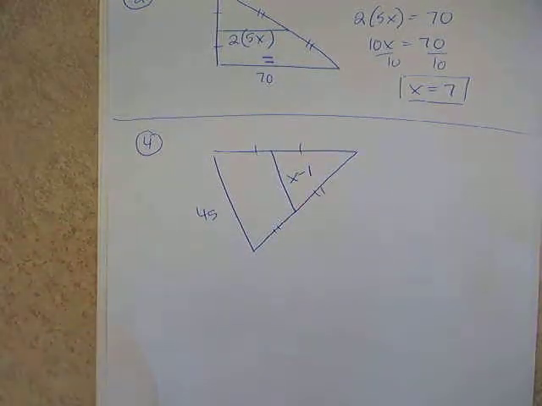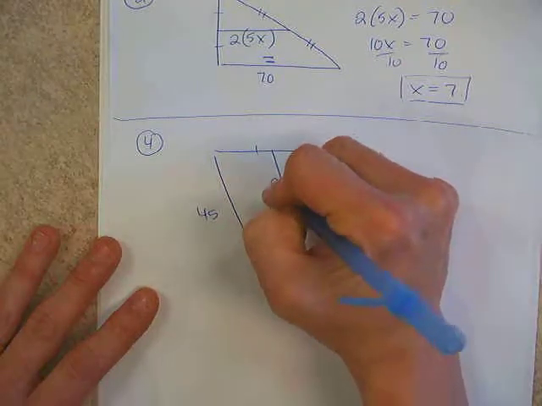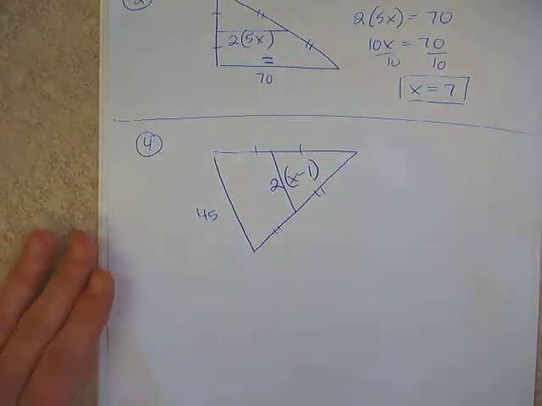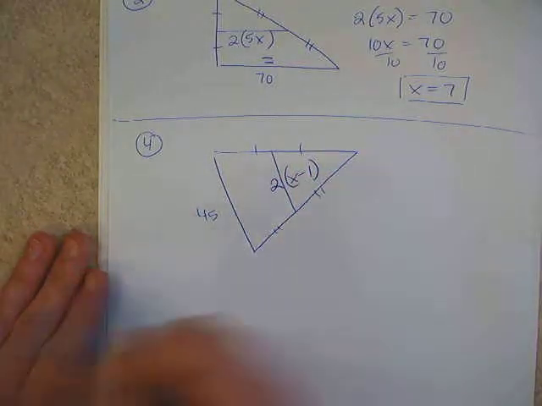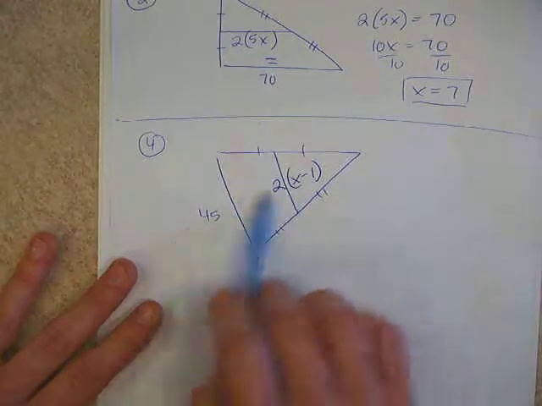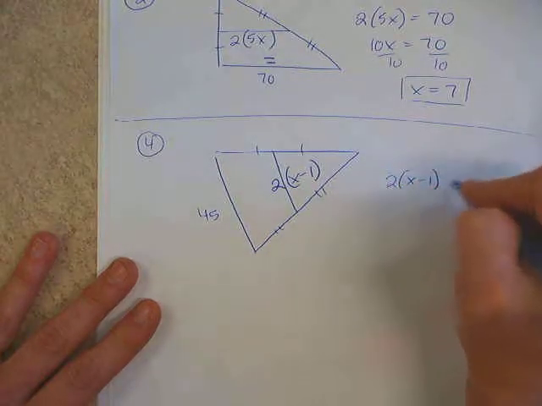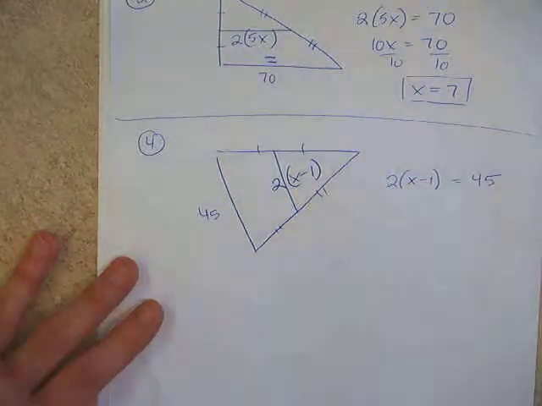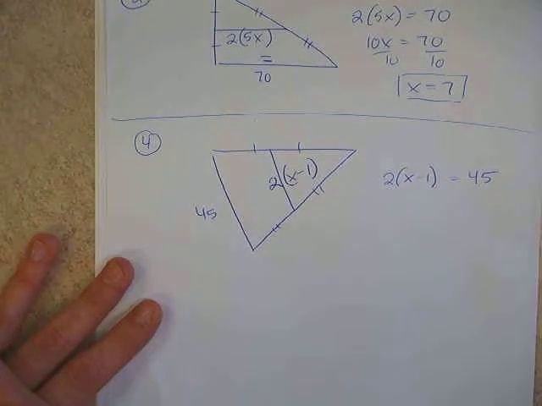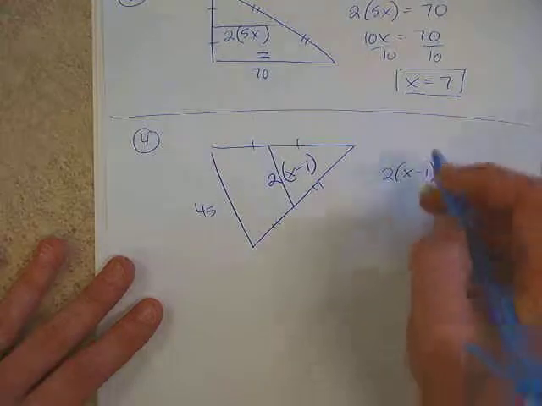So what this should save you is the hassle of when you get a problem like this, you're not trying to take half of 45, you're not in the habit of just setting things equal.